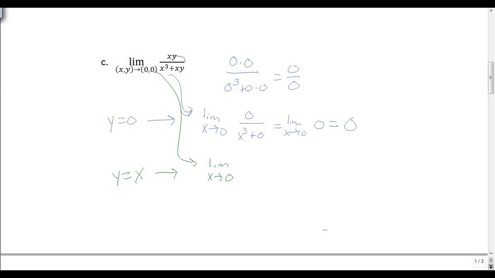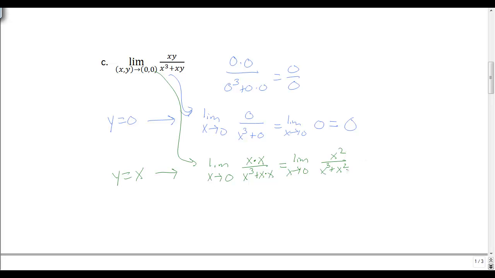That's going to force both y and x to go to 0 because y is the same thing as x. Where I see the y, I'm going to put an x. So x times x times y is x times x in this case. And then I get x cubed plus x, and that second y I also replace with an x. So this is the limit as x goes to 0 of x squared over x cubed plus x squared.